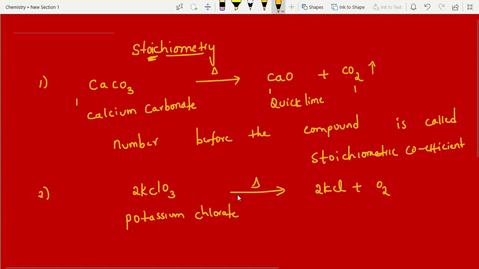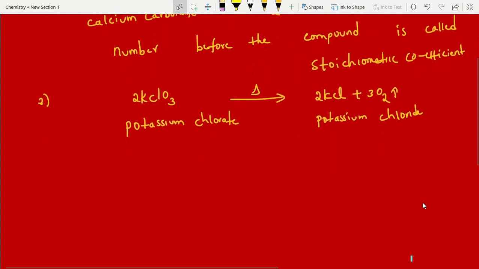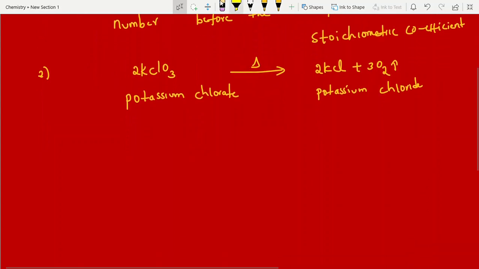Here we have to balance, 3 twos are 6 oxygens. This is gaseous state. This is potassium chloride. They may or may not give it in examination. In competitive exams, NEET and mains, they do not give the required equations many times. In earlier exams, sometimes they will give, but most of the time they do not.